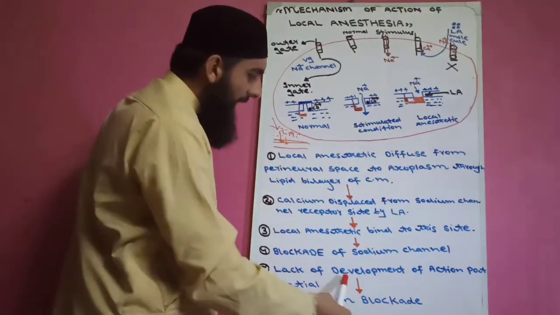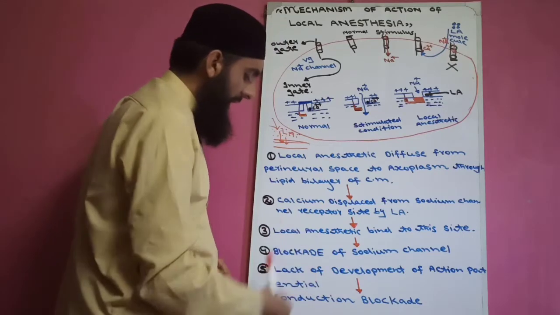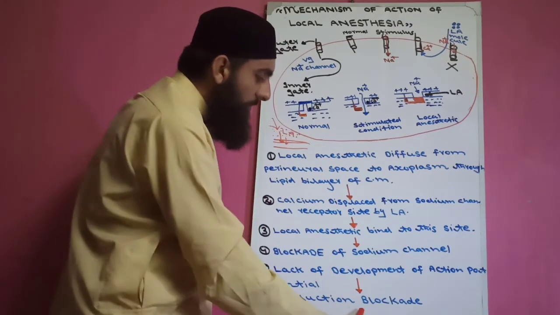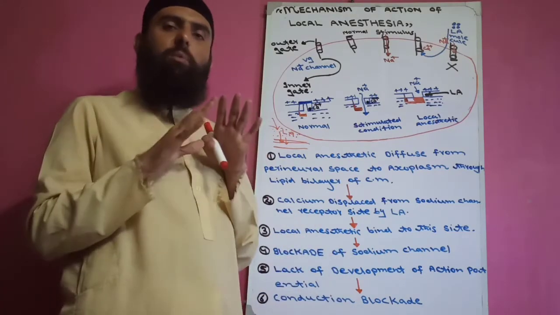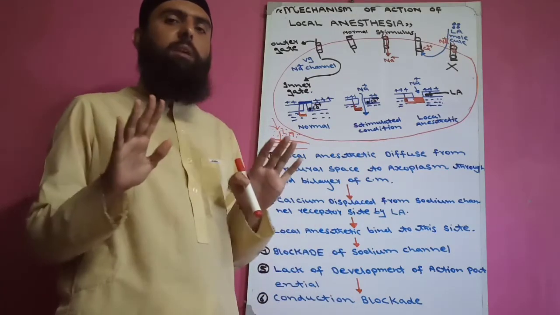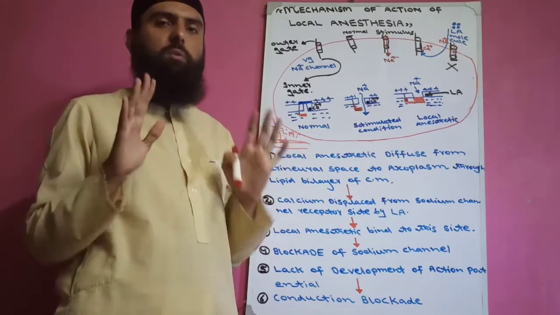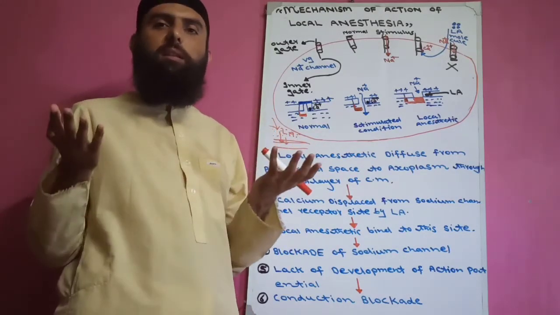In the last, sixth step, conduction blockade occurs. Conduction will be blocked. There will be no impulse conduction through the axon because the impulse is not generated.